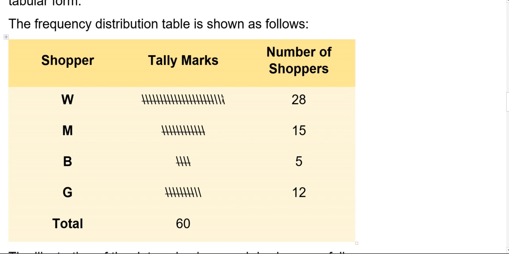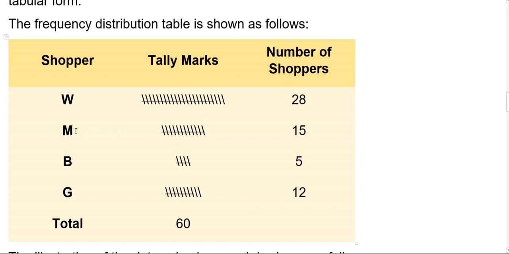For 28 members we draw four vertical lines and one strikeout line, each group counting 5, and so on.